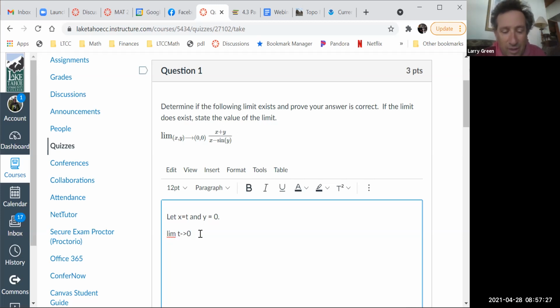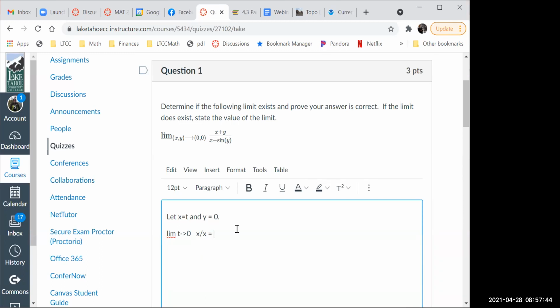And if y is 0, we just get x over x, because sine of 0 is 0 also. And what is that limit? Yeah, it's 1. X divided by x is 1.